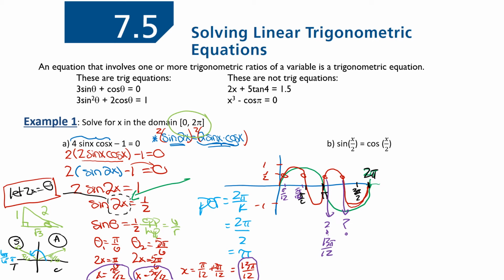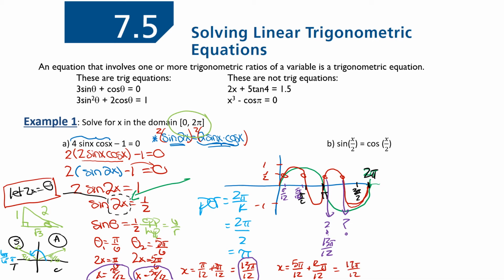Now my last one, I take my 5 pi over 12. That was originally my second answer. I have to add a cycle on there. I have to add pi on. And that's the same as 12 pi over 12. So my next answer is 17 pi over 12.